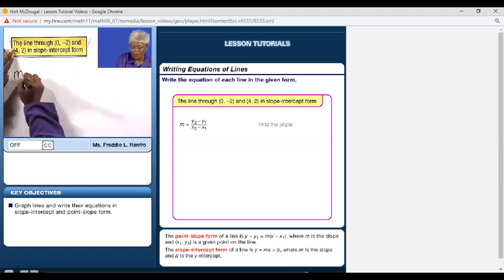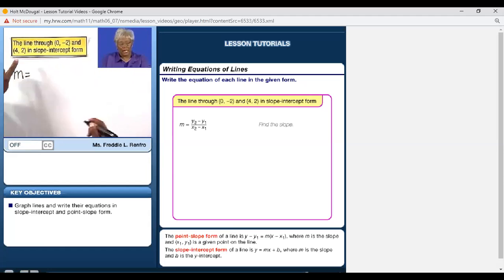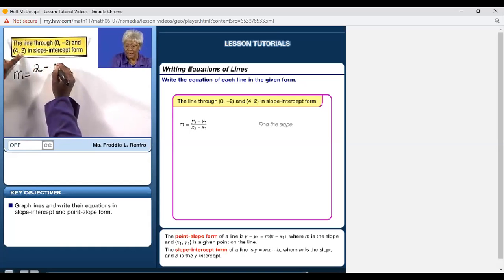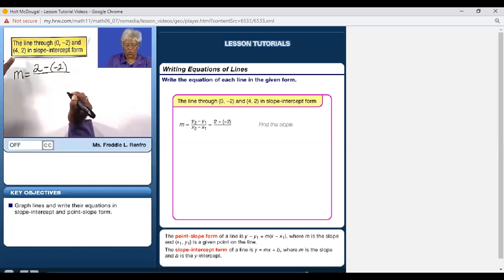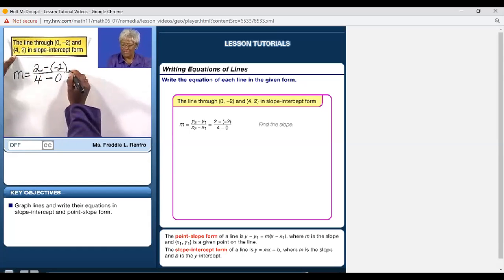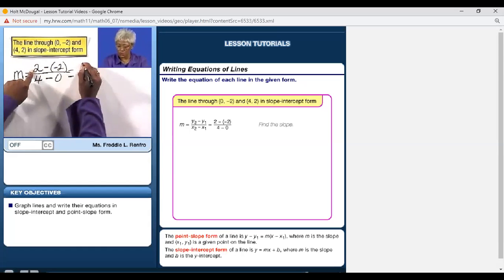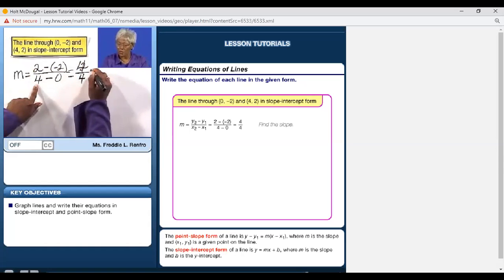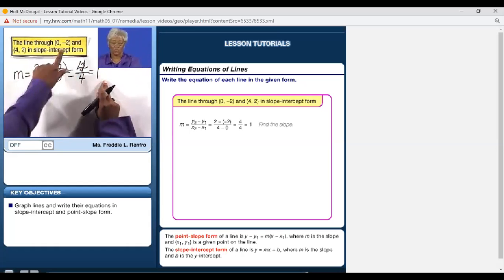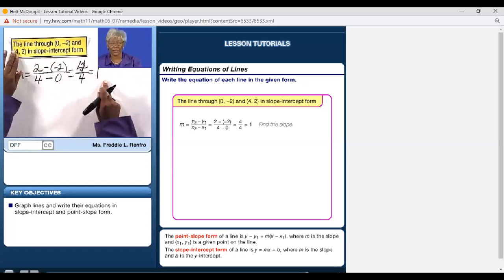The slope, 2 minus -2 over the difference of the x coordinates, 4 minus 0. And that's equal to 4 over 4, which is equal to 1. So our slope is 1 when we have these 2 points.